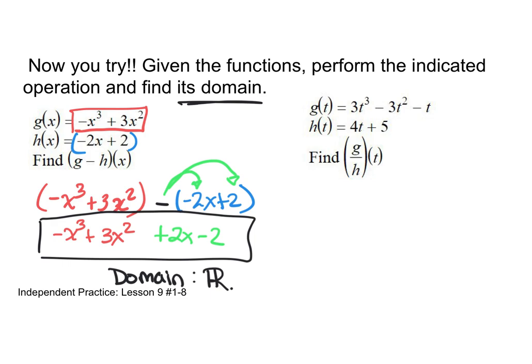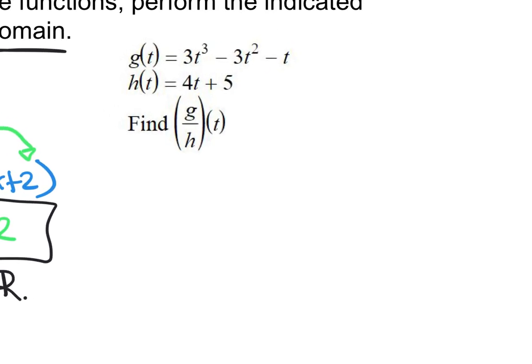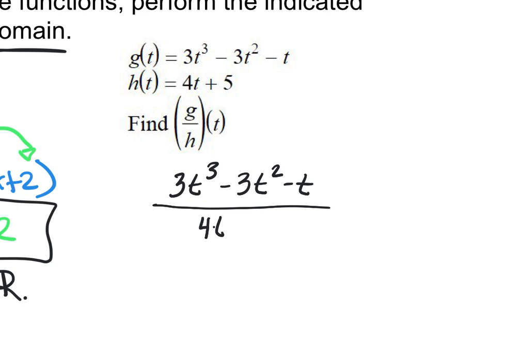For the division, I am going to take 3t to the third minus 3t squared minus t. That's my g function over my h function, 4t plus 5. Now, I would try and simplify. The only way you can try and simplify is to see if there are any factors by factoring out anything you can from your polynomials.